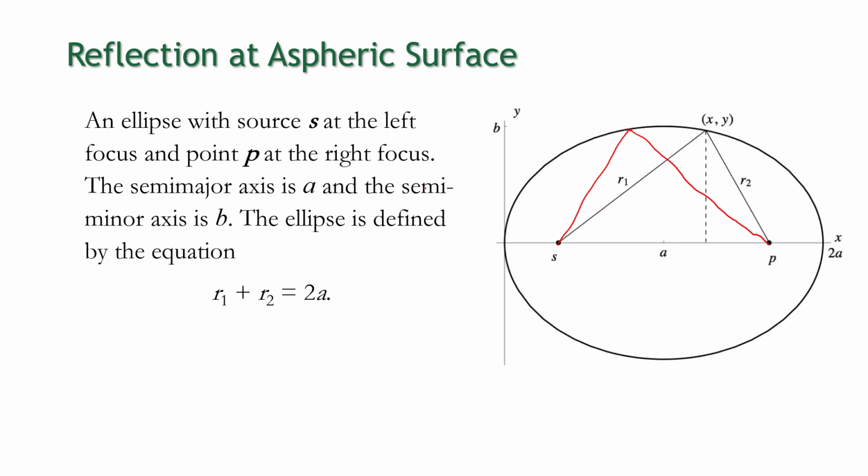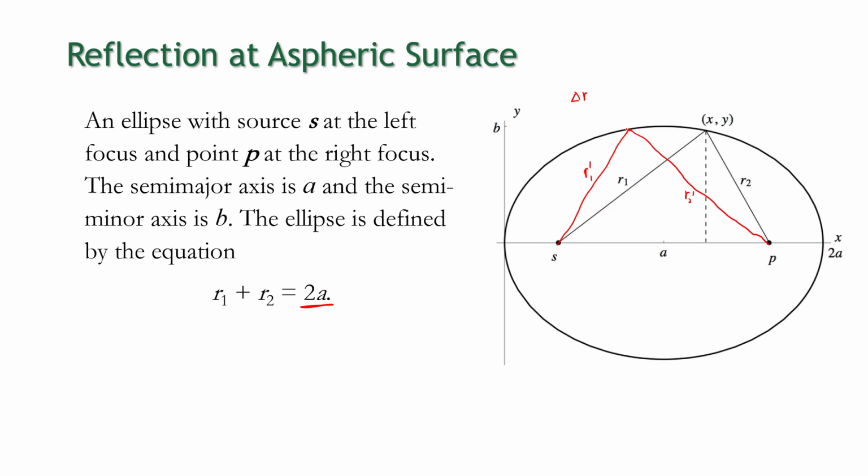Also, let's say this is R1 prime, and the path difference between R1 prime and R1 is delta R. Then the path difference between this one and this one also would be the same, because the sum is always constant, right?